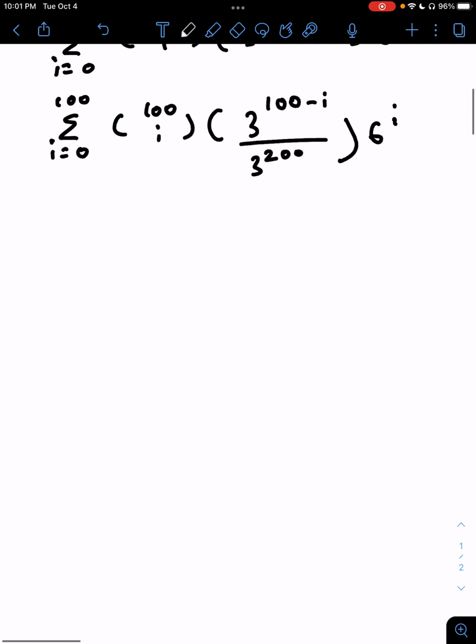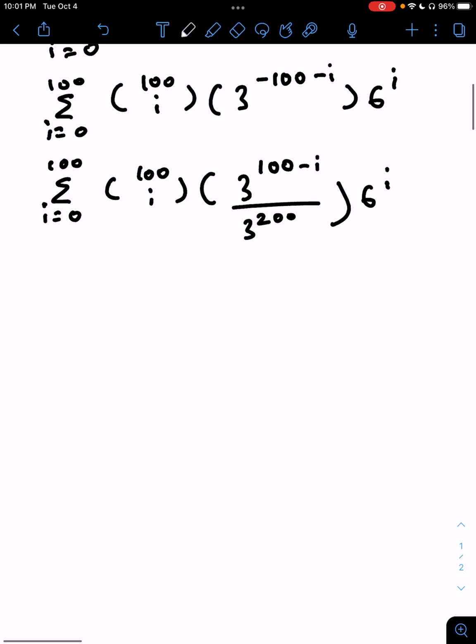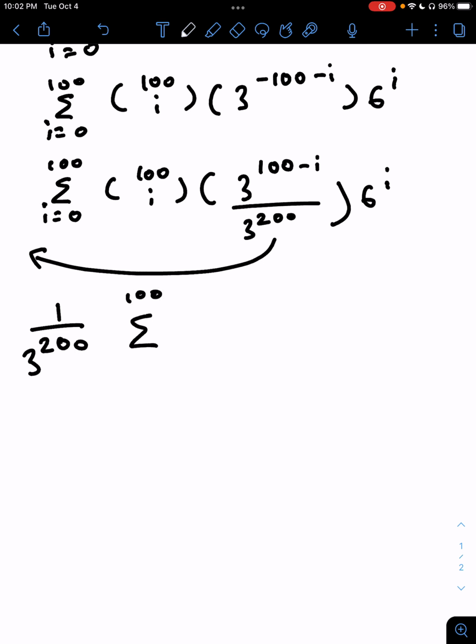So that's basically what I did to get this, because this basically equals that. But the reason I did this is that now this allows me to bring that all the way up here, because it's just a number at the end of the day, right? So you bring all that up, you move the summation there, and now you have 100 choose i, and that's 3 to the 100 minus i, 6 to the i.